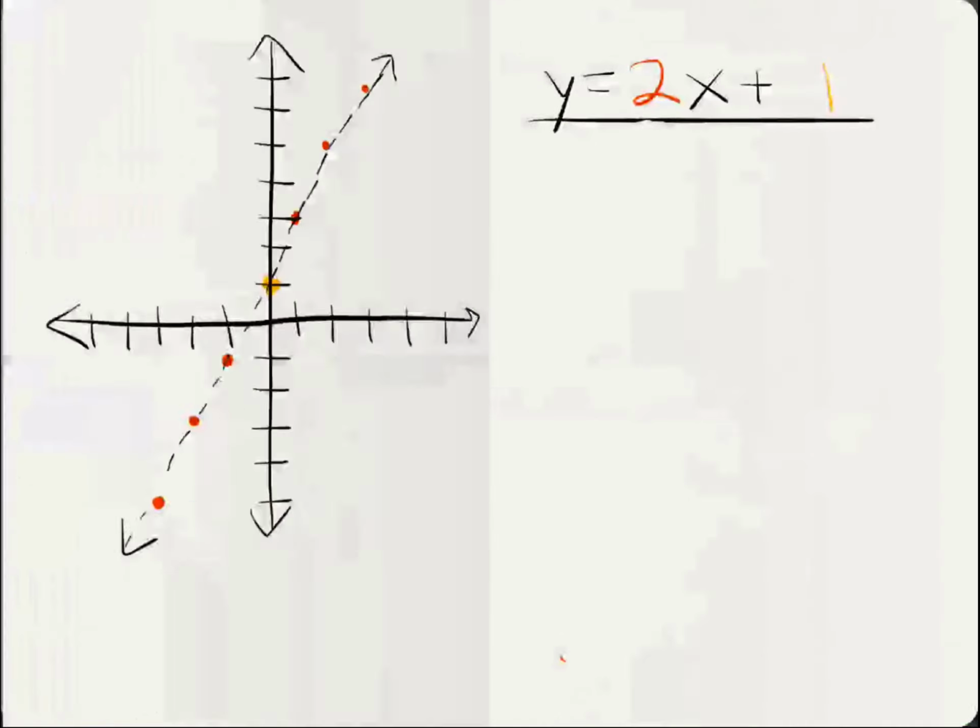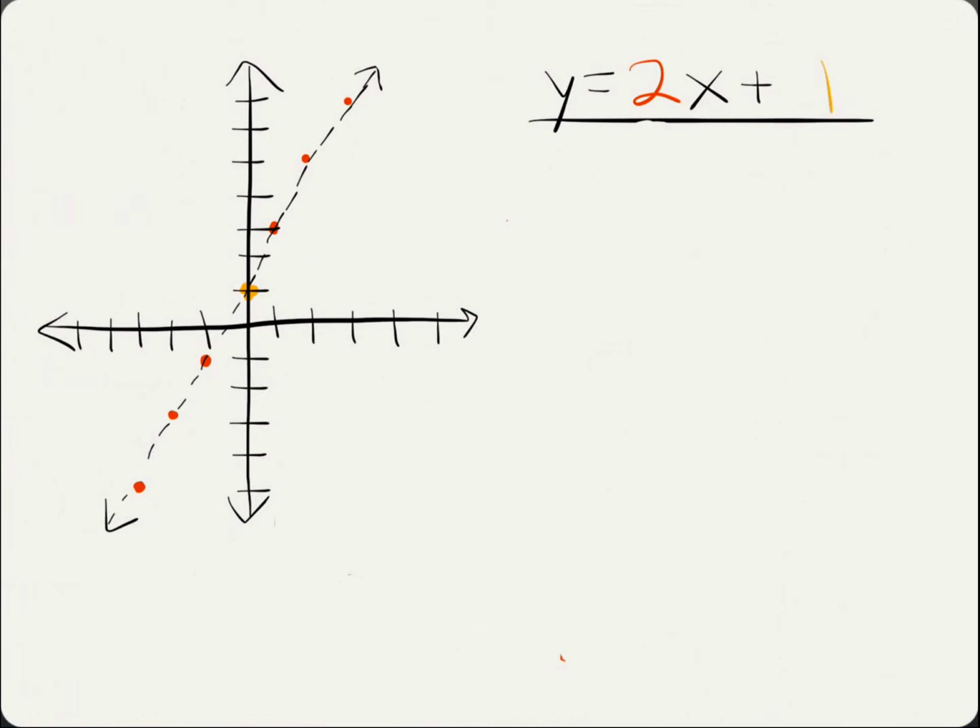And here's an example of that. We have the graph that we originally did of y equals 2x plus 1, and we have all of these different coordinate points. All we have to do is pick two of them. I'll pick this one right here because that's really easy. It's 0, 1, because we're not moving on the x-axis. We're just going up 1 to the y-intercept. And then I'll pick this one right above it.